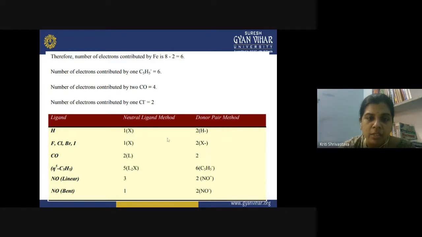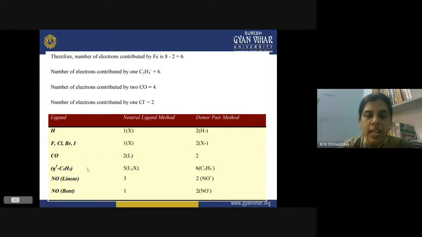Similarly, for the halogens, one electron is coming from the neutral ligand method, but when you consider the donor pair method, it becomes 2, because each of the halogens is taking one electron from the metal itself and converting itself into F minus, Cl minus, Br minus. Then in the case of the carbonyl, it is an L type of ligand and 2 electrons are coming, and this is the same in both of these methods.